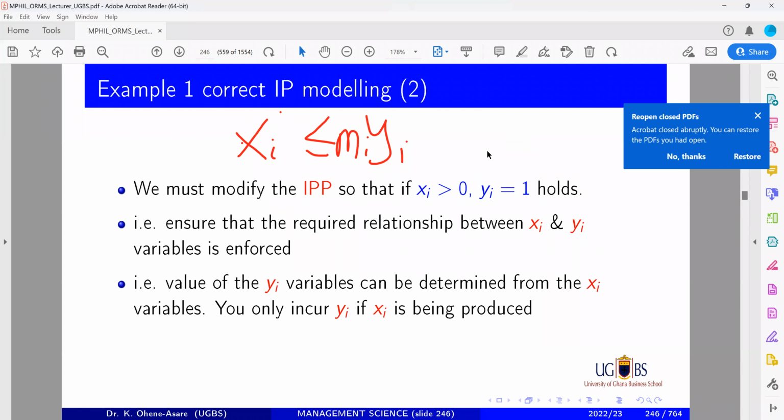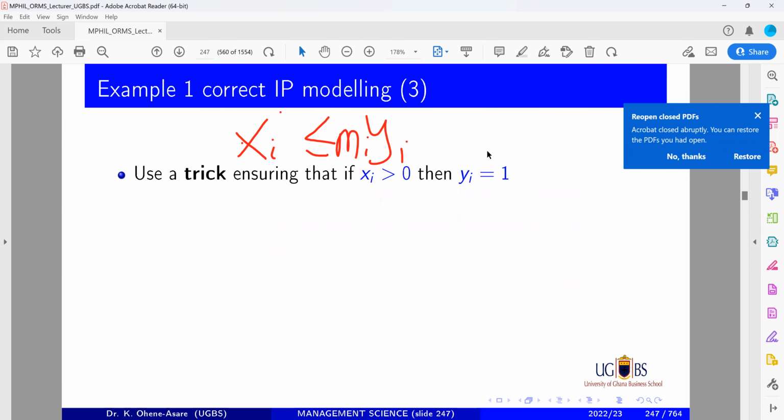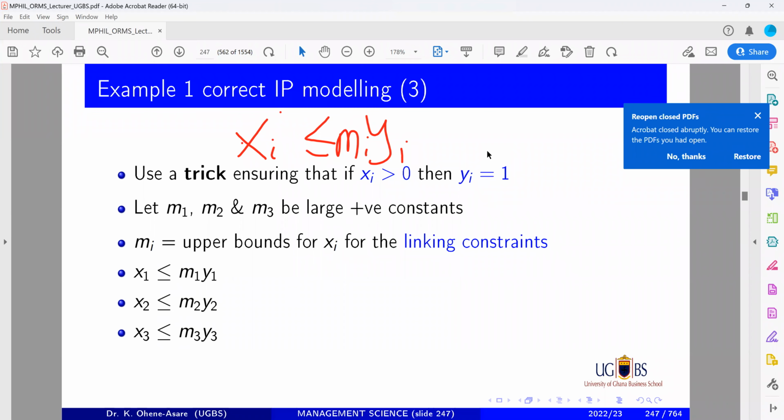What condition will ensure that whenever you are incurring a machinery cost, at any time you are incurring that machinery cost, then you are going to produce a higher number. M is that higher number. Mi is M1, M2, or M3, depending on how many x's there are. M is the upper bound for x. M is the highest value that x can take.